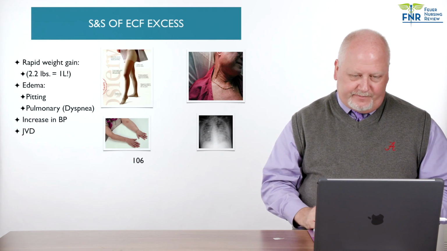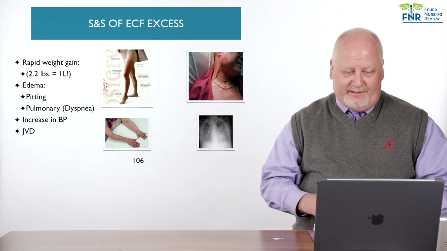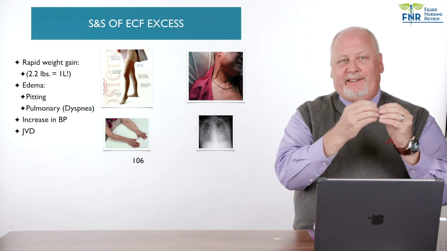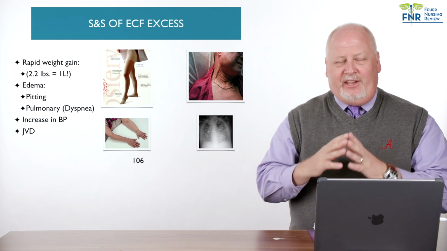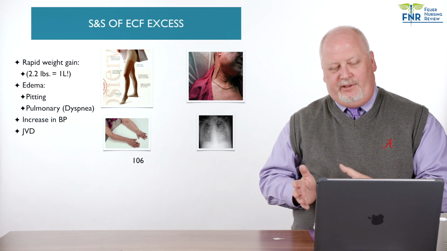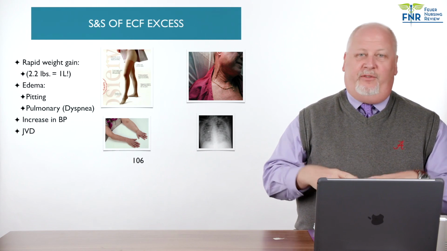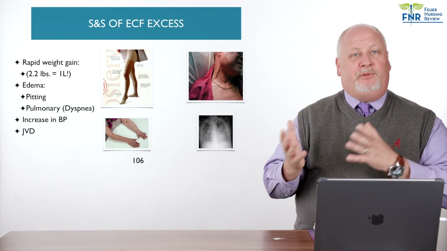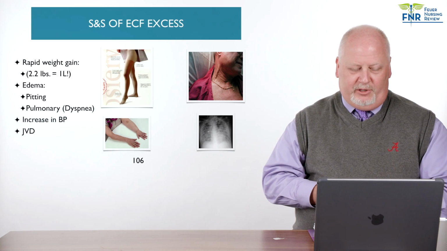Some signs and symptoms of fluid excess: rapid weight gain. And we can equate weight to fluid retention. We figure that 1 liter of fluid is equal to 2.2 pounds. So if your patient has gained approximately 4.4 pounds, then we might be able to conclude that they have retained 2 liters of fluid.